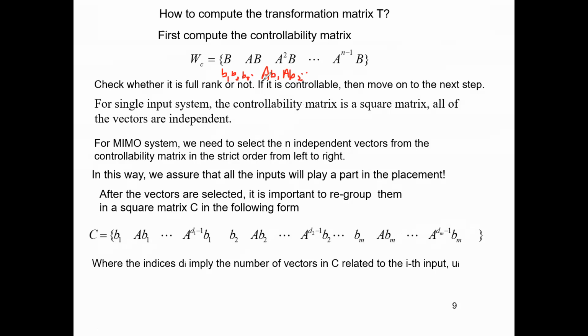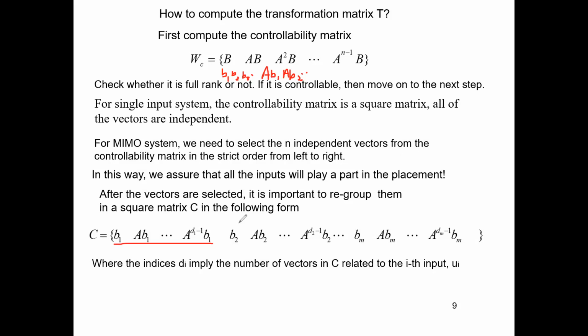You need to rearrange that such that all the vectors associated with each column of B are grouped together, also following a strict order in terms of the matrix A. So it should be B1, AB1, and then the next one will be B2, AB2, and then the other ones. The main point is that you have to regroup the vectors.